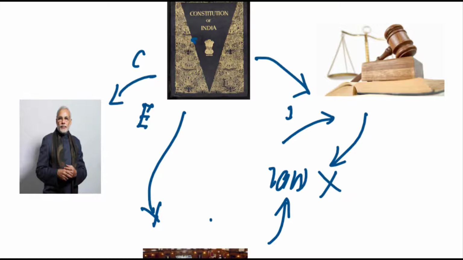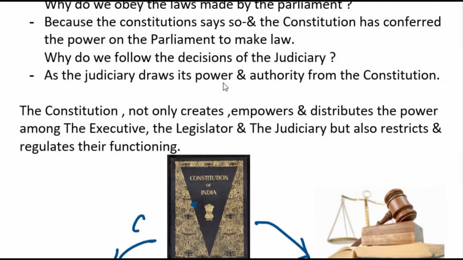Therefore, the constitution not only creates, empowers and distributes the power among the executive, the legislature and judiciary, but also restricts and regulates their functioning so that the three organs function within the confines of the constitution.